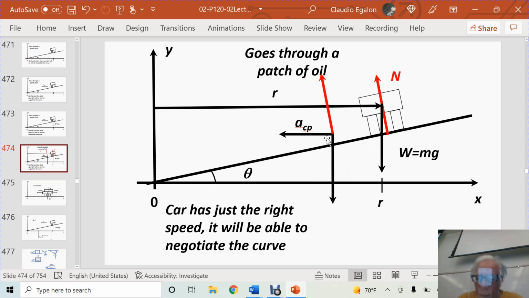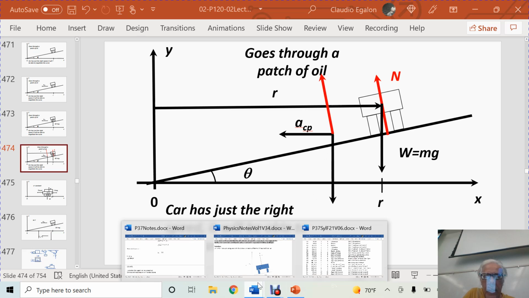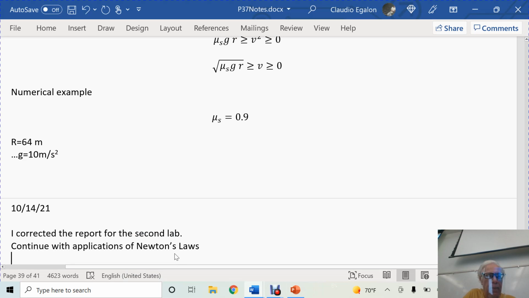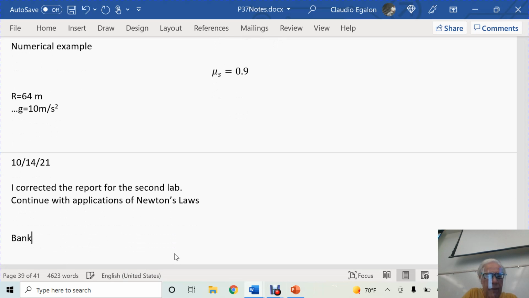Suppose that the car has just the right speed to be able to negotiate the curve. So here you go. Banked curve problem. What do you know?